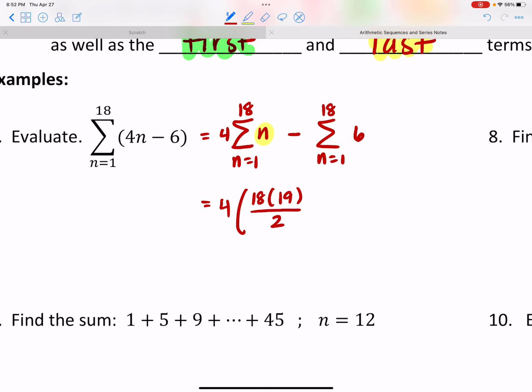So that's just a formula we talked about in our previous topic. And then we're going to subtract from this the sum of 18 constants here, another property we talked about yesterday. We can evaluate this piece just by multiplying 18 by 6. And so into the calculator we go.